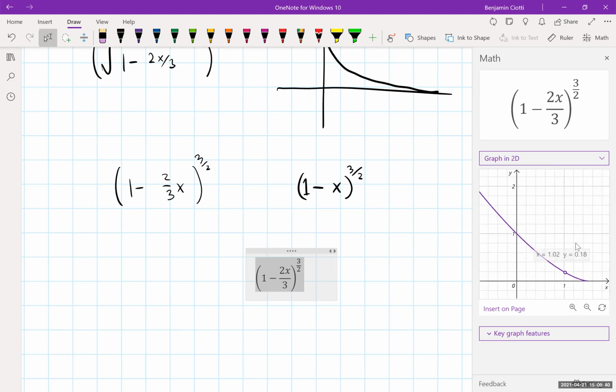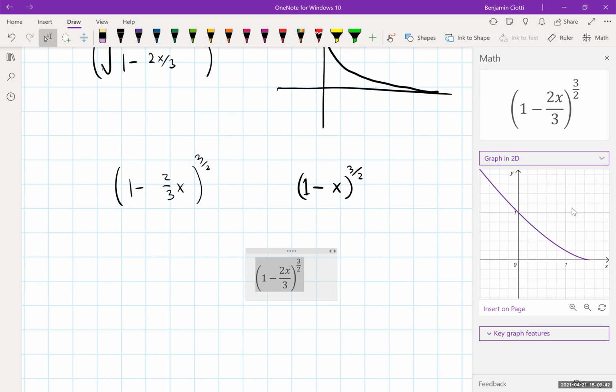Okay, so there would be your straightened out fence. The portion from 0 to root 3 over 2. Okay.